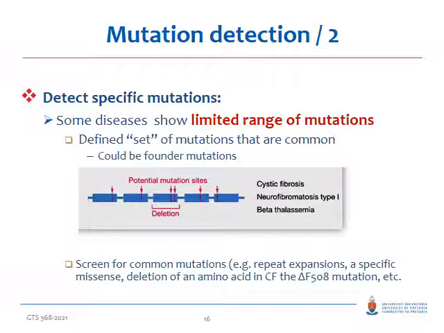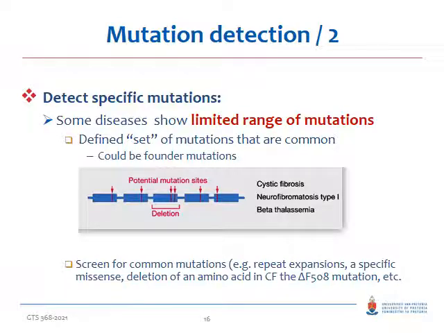However, in certain conditions such as cystic fibrosis, neurofibromatosis type 1, or beta thalassemia, there are numerous mutations in a specific gene in affected individuals. In this case, the whole gene should be sequenced. Alternatively, the test should be designed to detect more than one mutation.